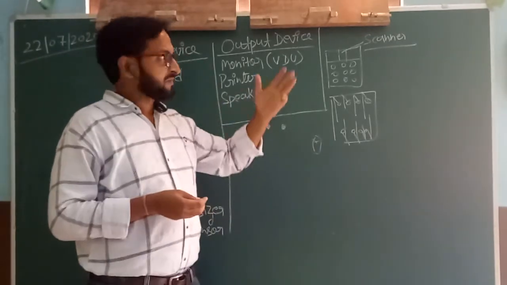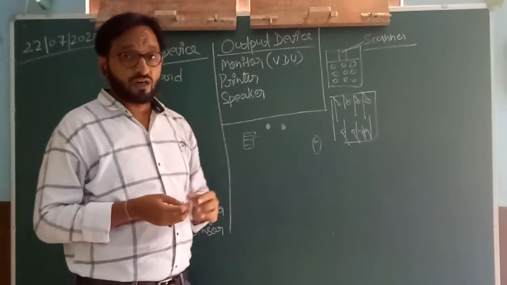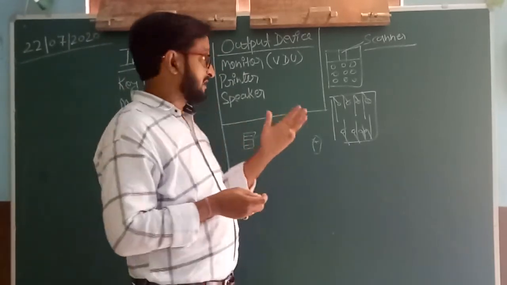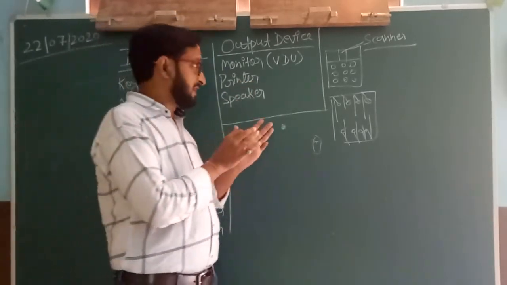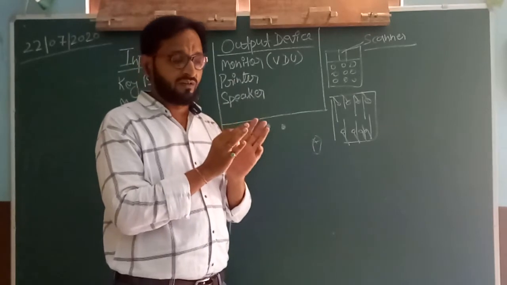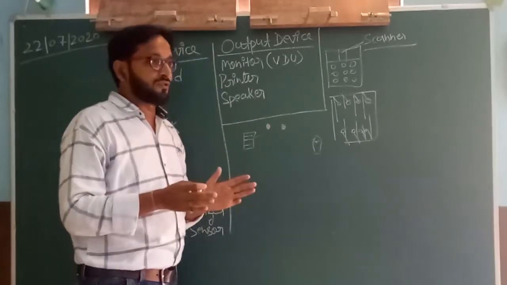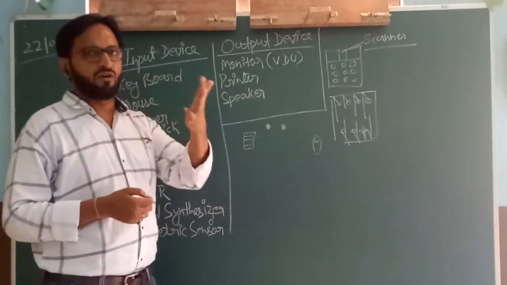In the same way, you can see computers. There are black and white monitors, also called monochrome monitors, and besides these, you can see LCD monitors and LED monitors. They work just like a TV. Nowadays we are using smart TVs, that is LED TV, network TV, or smart TV.